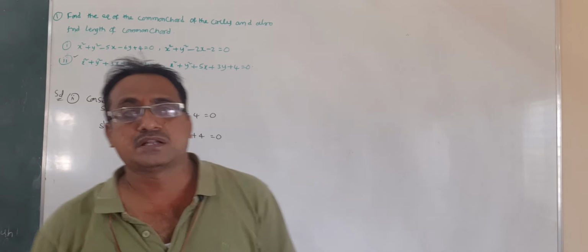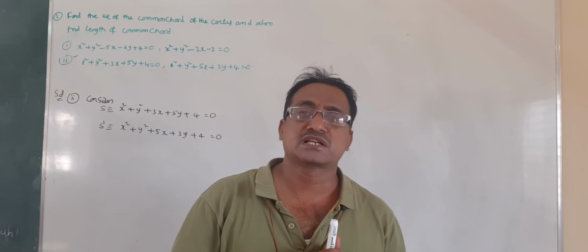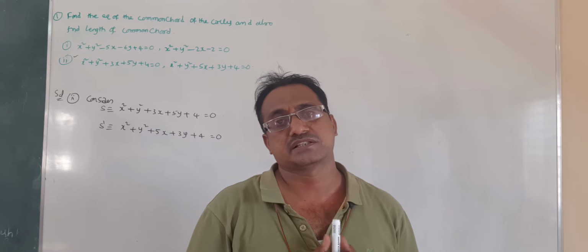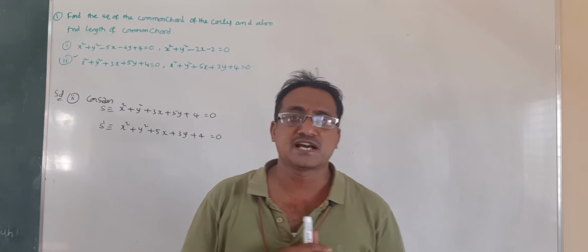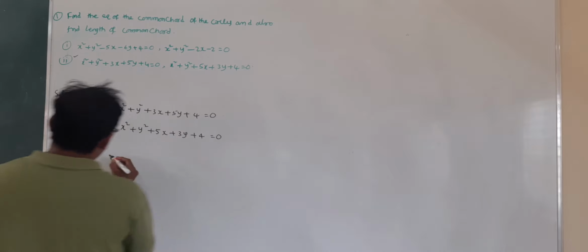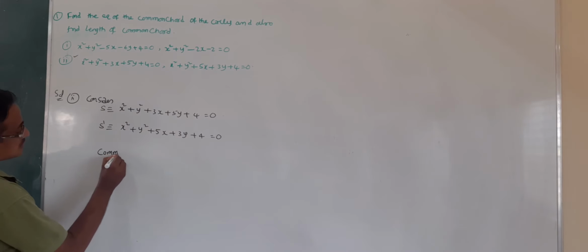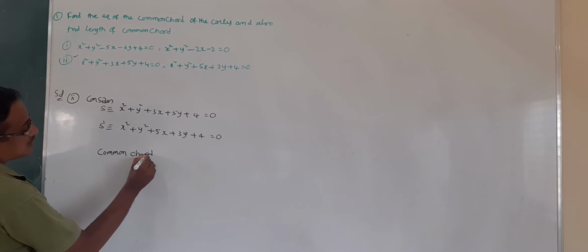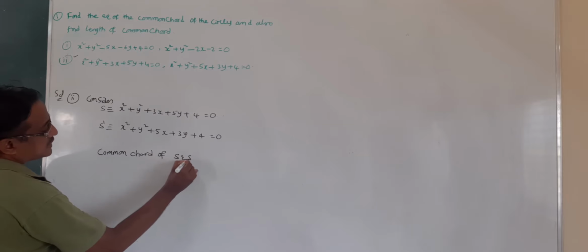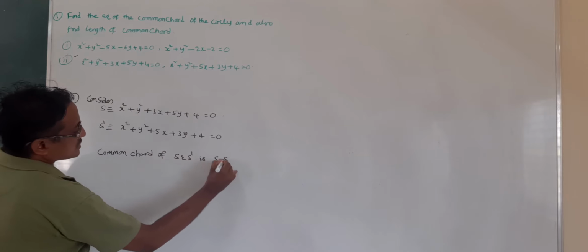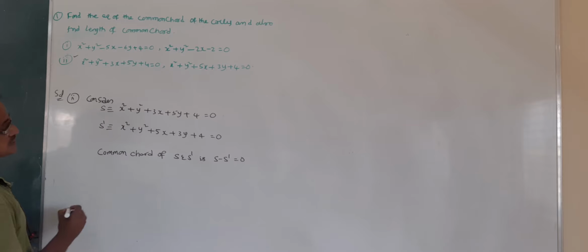We know that the common chord of two circles is their radical axis, that is S minus S dash is equal to 0. So the common chord of S and S dash is S minus S dash equal to 0.